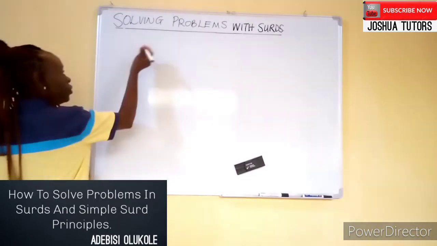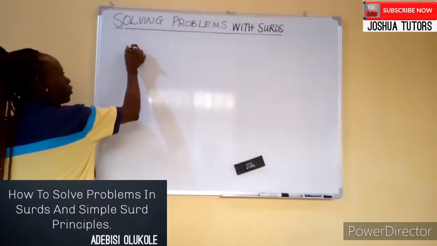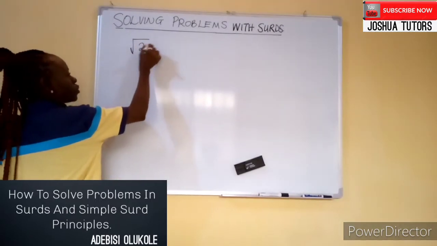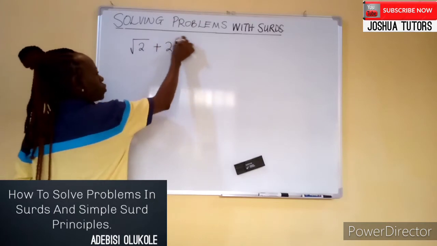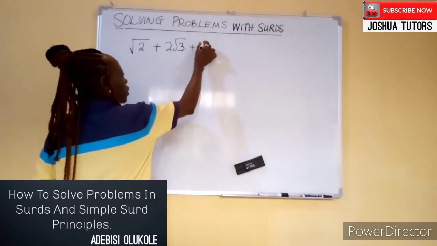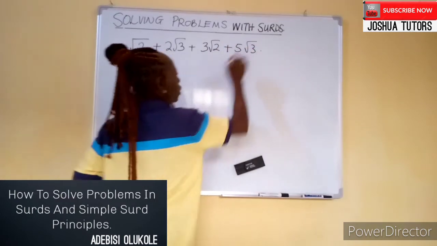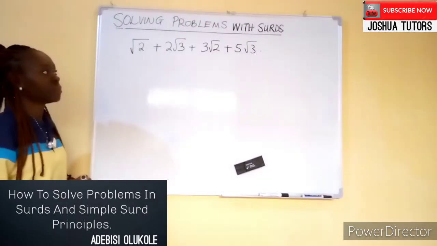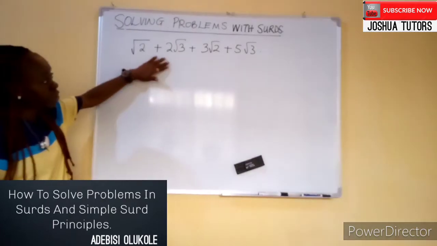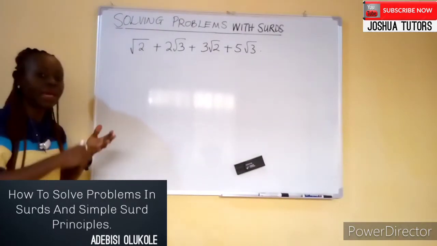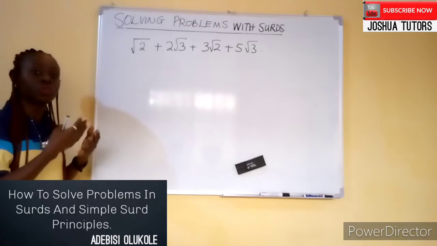I can have a question like this. For example, you are asked to add surd 2 plus 2 surd 3 plus 3 surd 2 plus 5 surd 3. If you look at what we have, the expression on the board here, we have like surds and unlike surds.